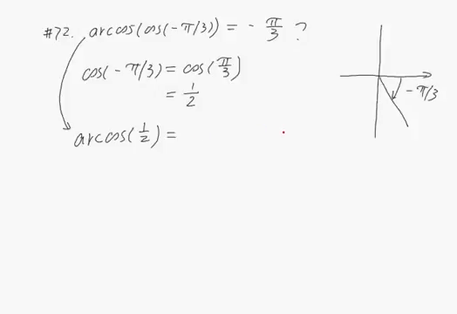Pi over what? 3. Right? 60 degrees, whose cosine is equal to 1/2.